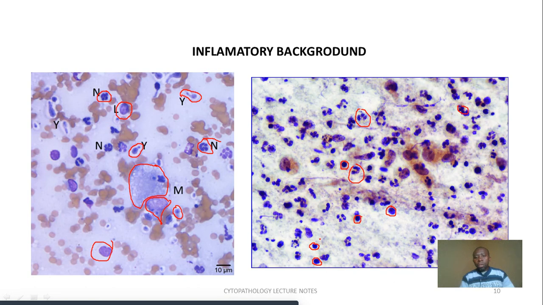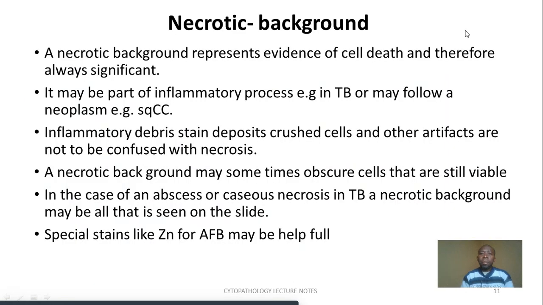This one you're seeing here is a lymphocyte. These are lymphocytes, and these ones are neutrophils in the background. So when you look, the background is dirty, and we can see a necrotic appearance and some mucinous appearance in the background. I can see some macrophages here. There are macrophages also appearing here. So this is typical really of an inflammatory background.